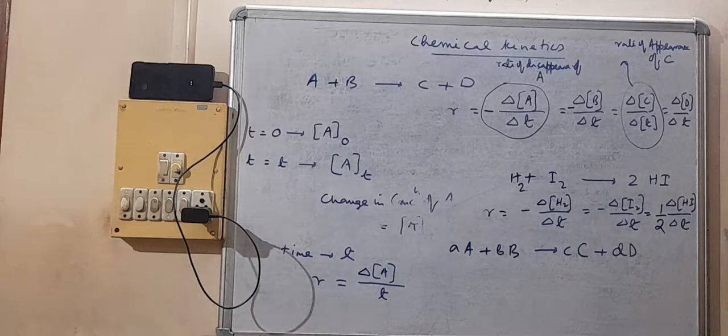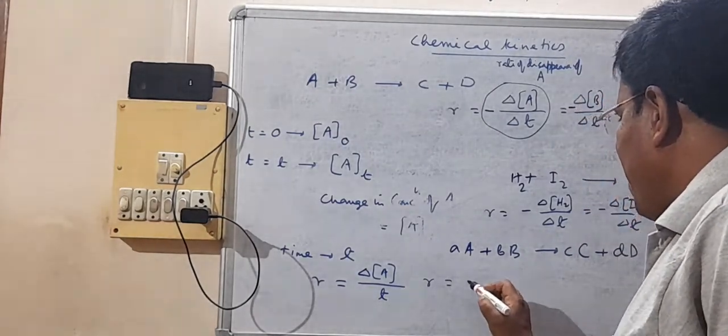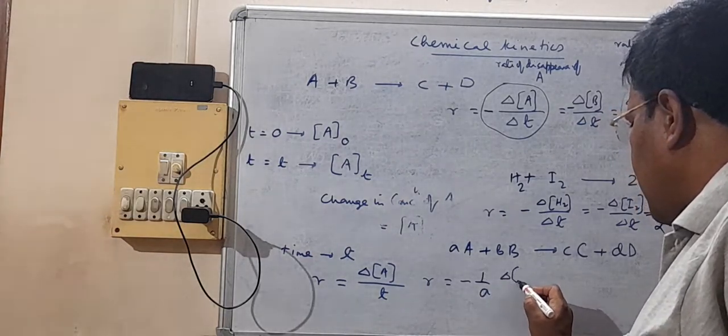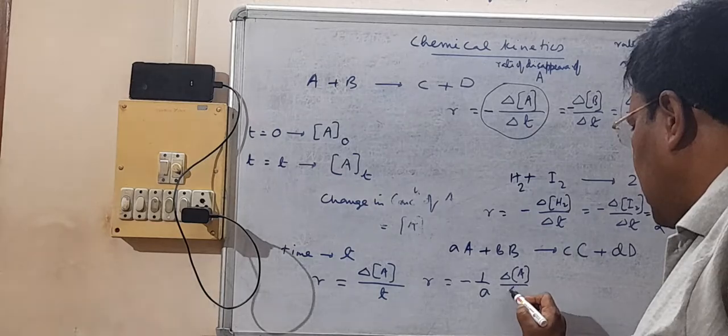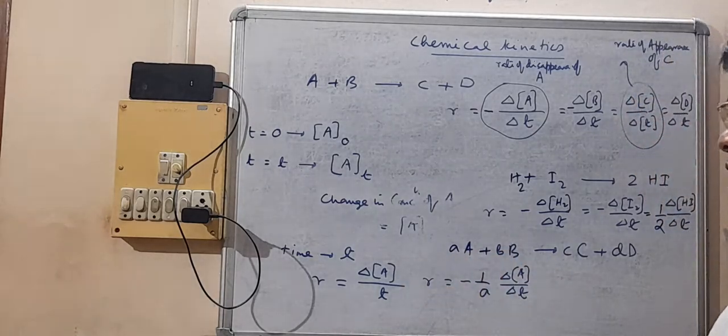So you see, we can write the rate of reaction as minus 1 by a, delta [A] by delta T. Square bracket term means concentration. Square bracket always means concentration.